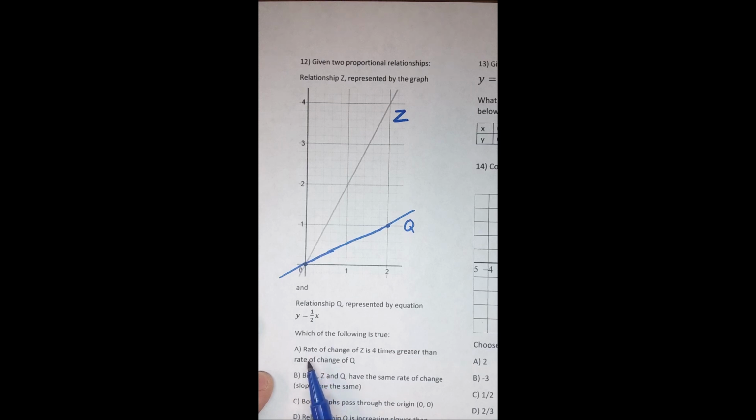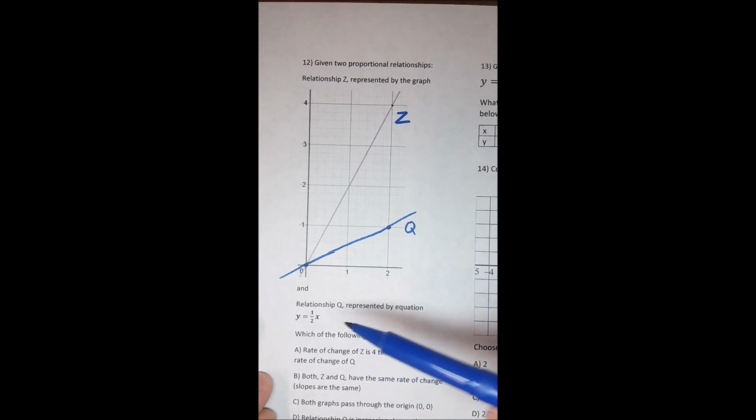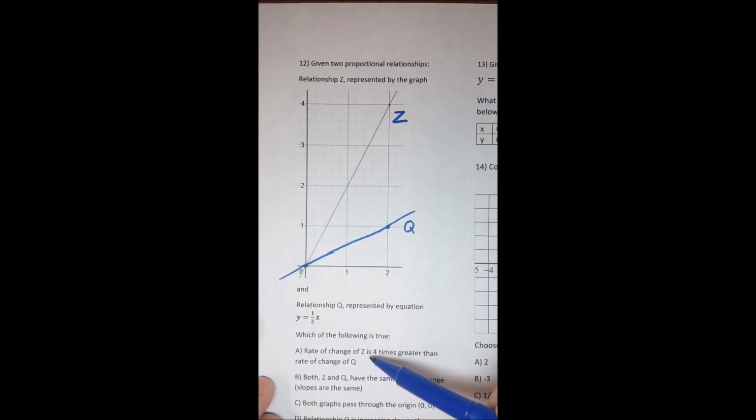Which of the following is true? Rate of change of Z is 4 times greater than the rate of change of Q. Okay, so what does that mean? That means that Z is 4 times as fast as Q at every given point.